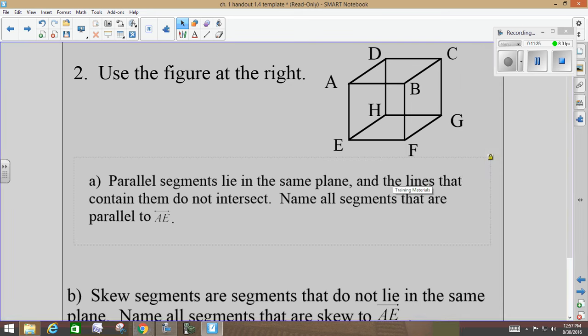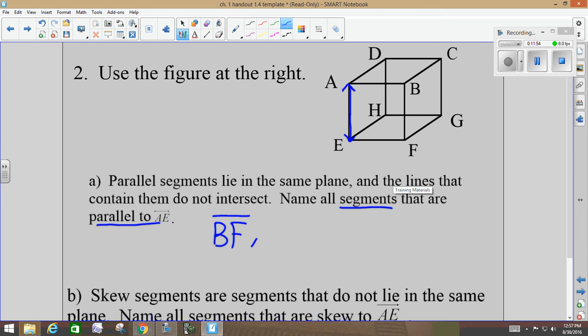Number 2, using that prism. Part A says name all the segments that are parallel to line AE. So using that prism, we have to find all the segments that are parallel to AE. That one, Ruth? Good.